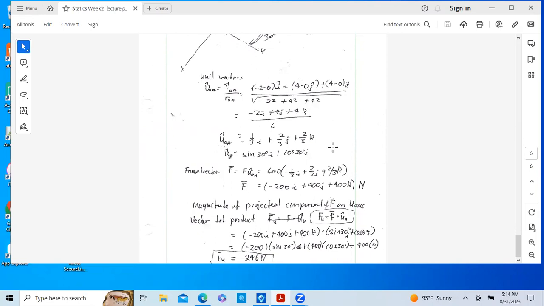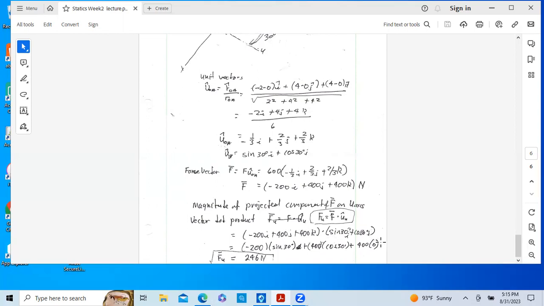And so what we have then is this dot product. And the way the dot product is going to work, it's i times i, j times j, k times k, and there is no k on the unit vector. So it's just going to be the 200i times sine of 30, that's minus 200, plus 400 times the cosine of 30, and then this is 400 times 0.